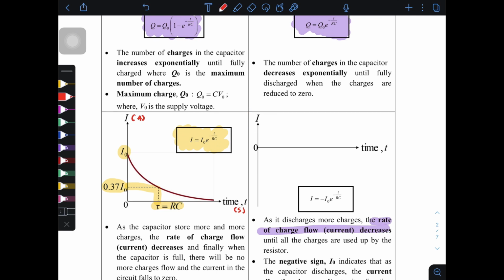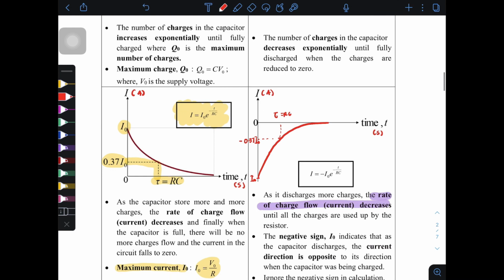That's why our graph still decreases, but it is negative because it decreases in the opposite direction. So this is our I0. This is our negative 0.37 I0. And this is our time constant tau equals RC. And the unit for I is ampere and the unit for time is second.